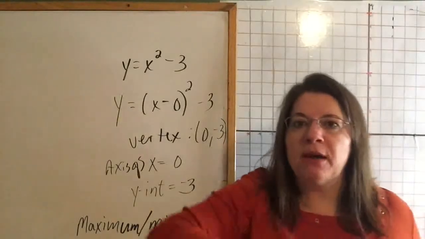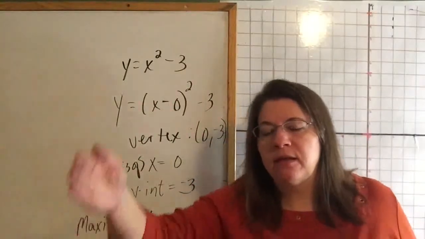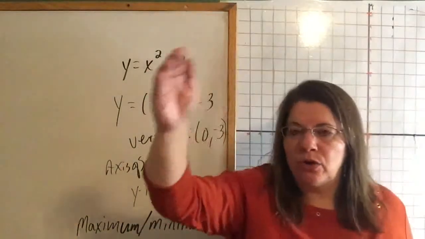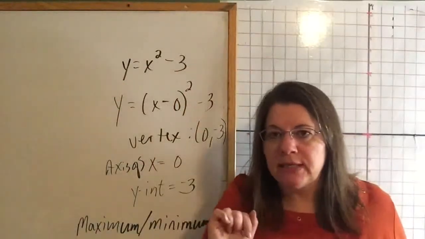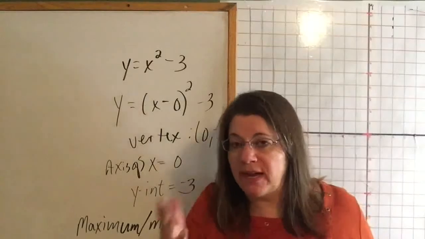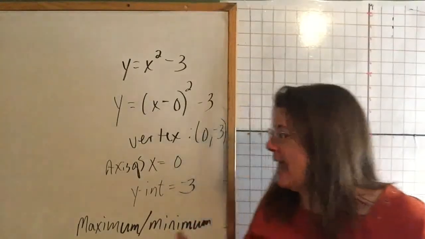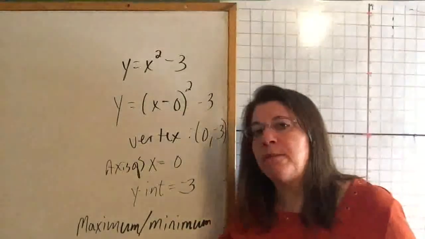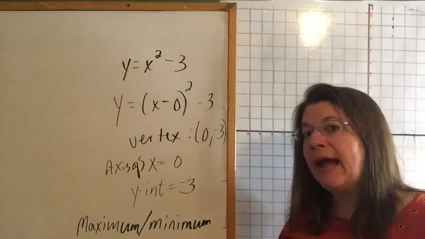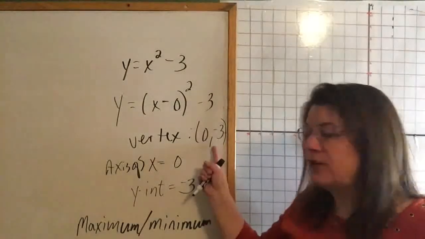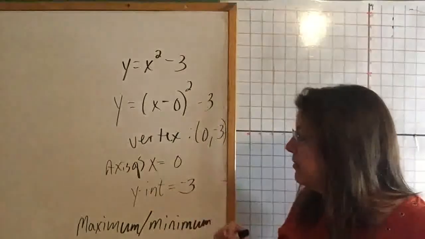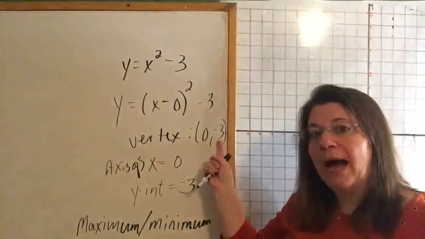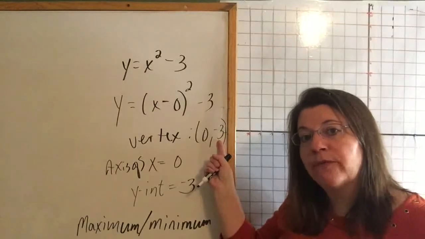And if we're talking about a parabola that's concave down or opening down, wouldn't it have a maximum point that is the highest point, or that is the vertex there? So if they ask you to find the maximum or the minimum for one of your graphs, all you're going to do is look at the vertex. The maximum or minimum, depending on whether it opens up or down, is going to be the y-coordinate of your vertex.